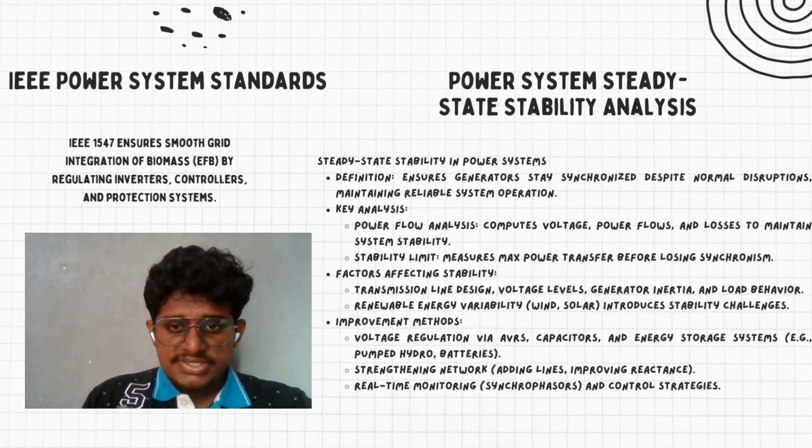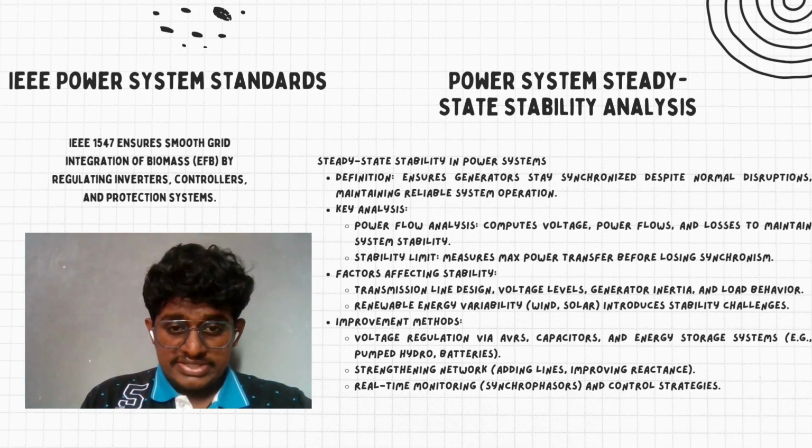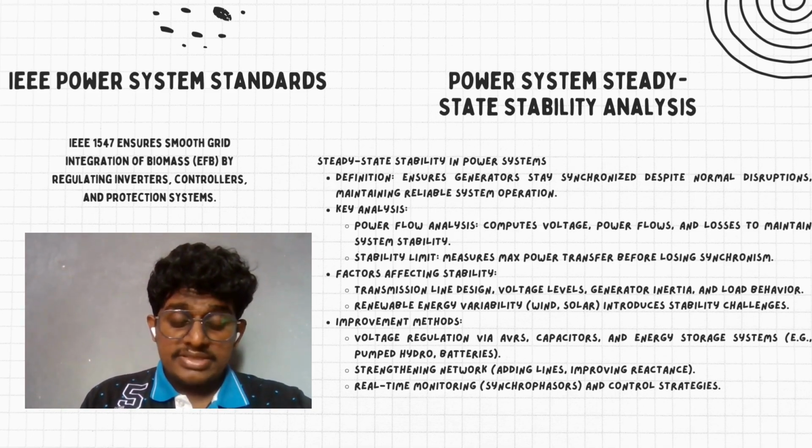And we go for the last one, which is the power system steady state stability analysis. For this part, we get to understand the definition and the analysis of the system. The main factor affecting the stability of the grid is the integration of green energy, like solar, into the system.